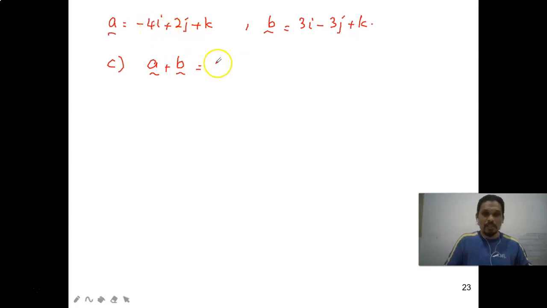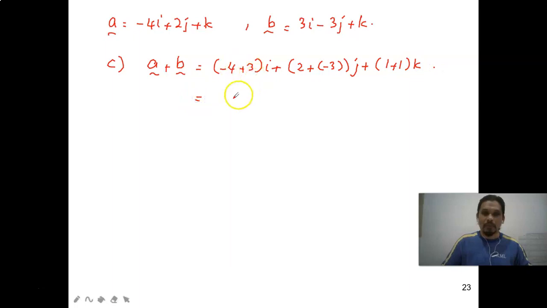So look at this one here now. The magnitude of i is negative 4 plus 3i, plus the magnitude of j, which is 2, plus negative 3j, plus k, 1k and 1k, so 1 plus 1 is 2k.